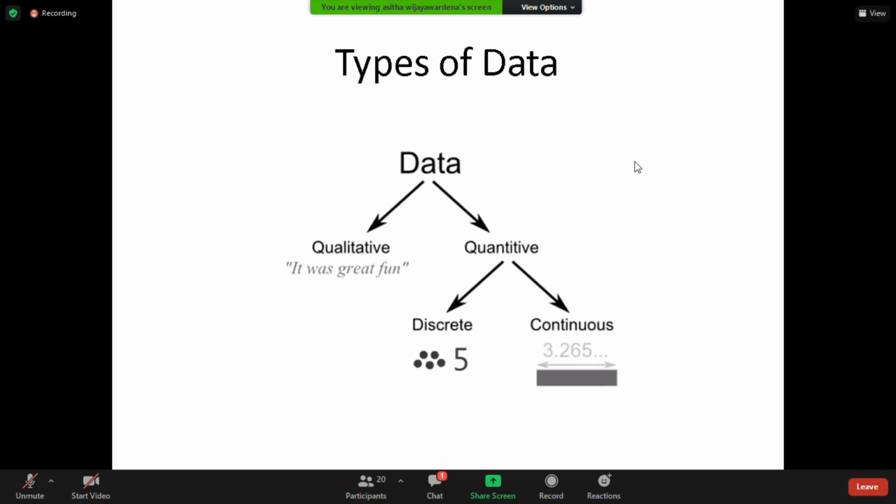We cannot actually measure how much fun it is. Quantitative data is given by figures, but it can be measured also.